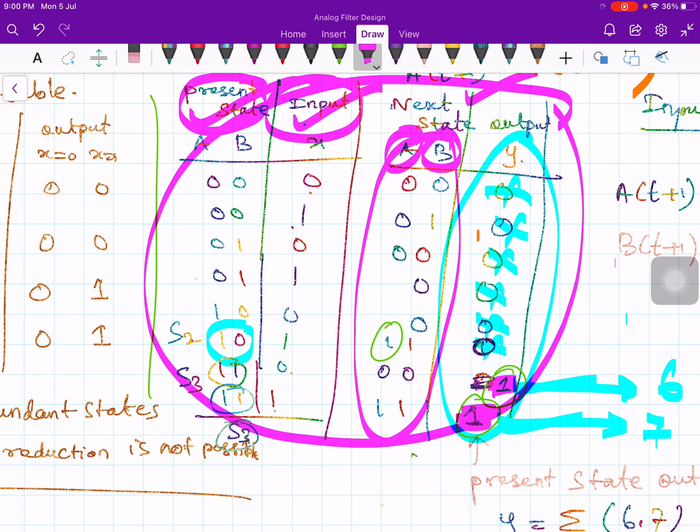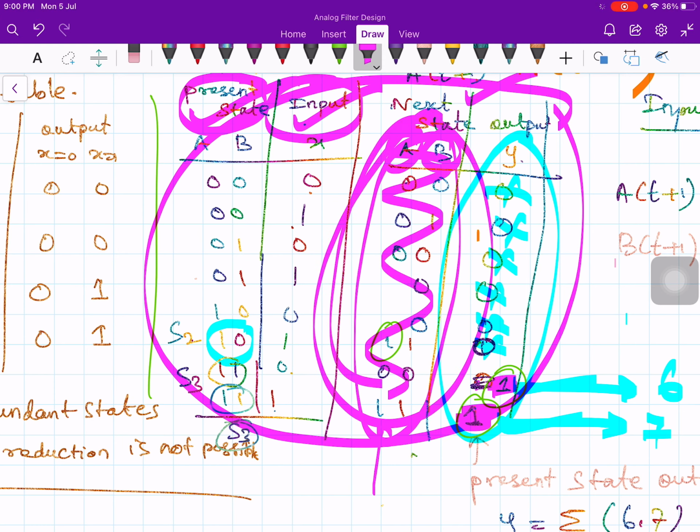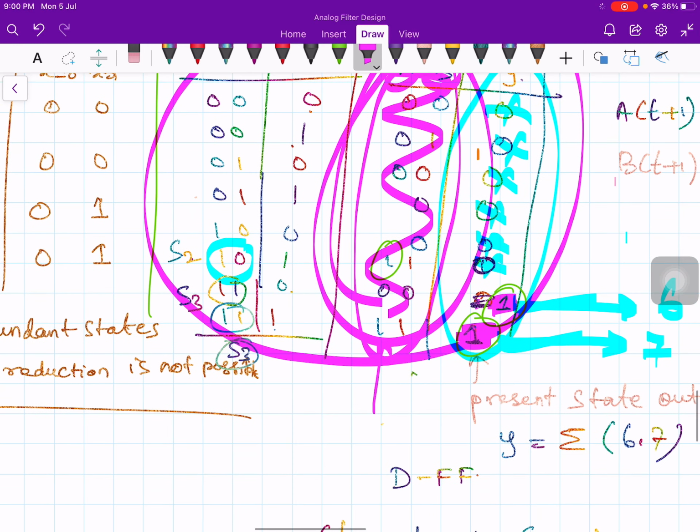And since the flip-flop is D type, I can directly get the input equation from the next state column. The only thing is you have to look at the next state column, that's all. Your job is over because of the simplicity of D flip-flops.